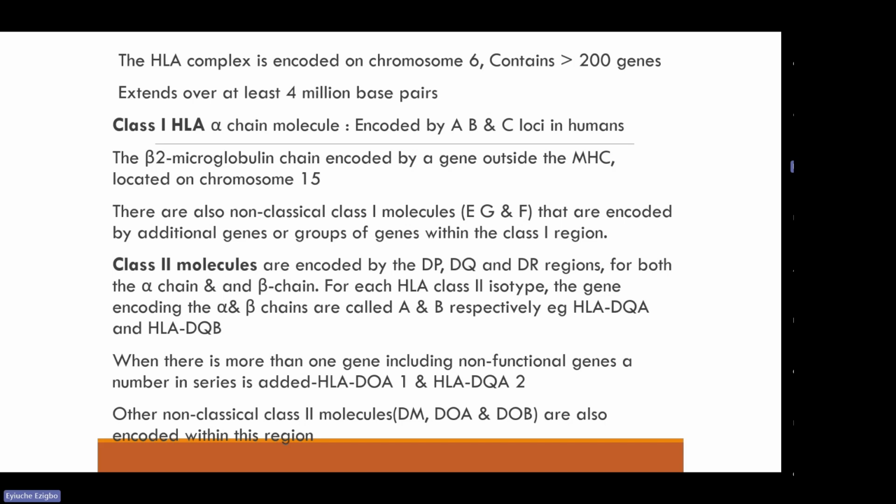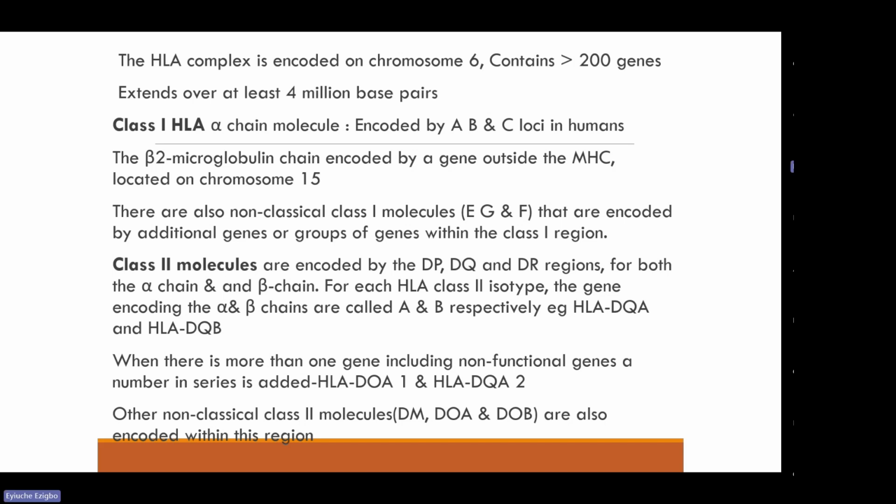There are also non-classical class 1 molecules. We have others that are not classically class 1 molecules that are also encoded by additional genes or groups of genes within the class 1 region. Then the class 2 molecules are encoded by the DP, DQ, and DR regions for both the alpha chain and the beta chain.